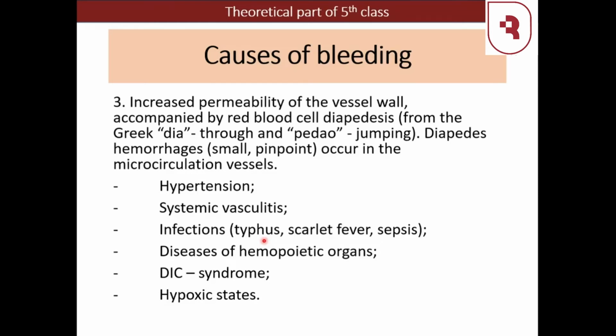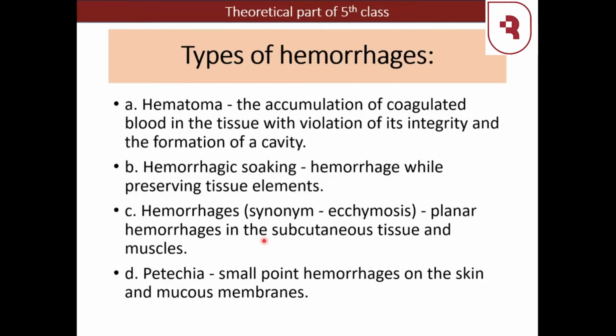It may manifest itself in hypertension conditions, in systemic vasculitis, some infectious diseases like typhus or scarlet fever or sepsis, diseases of hemopoietic organs, DIC syndrome, and hypoxic states. Types of hemorrhages.